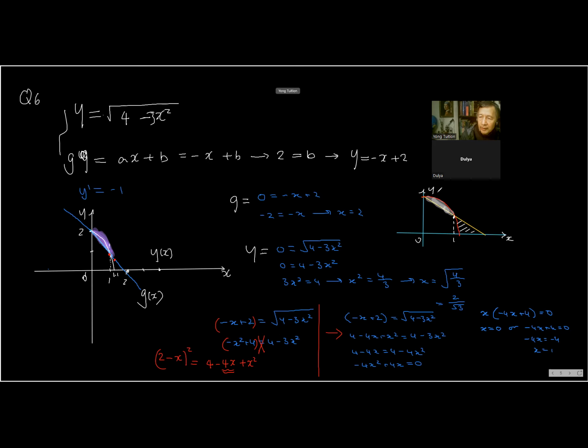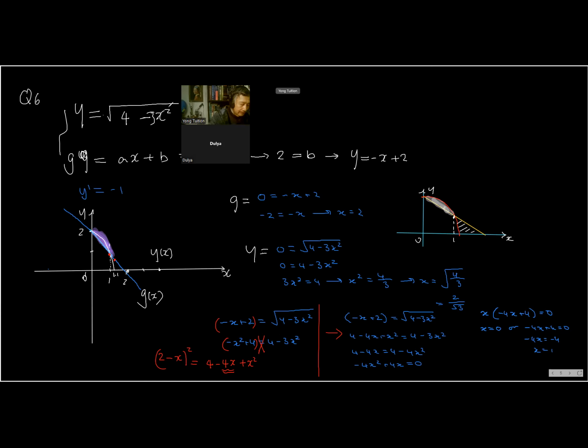Can you write a formula for this? V equals... from 0 to 1.